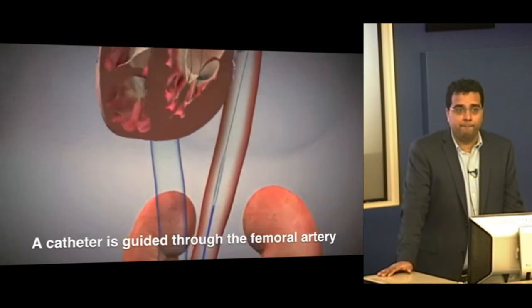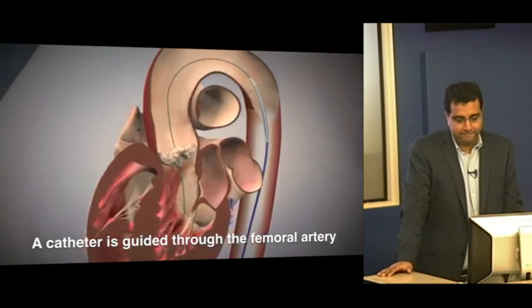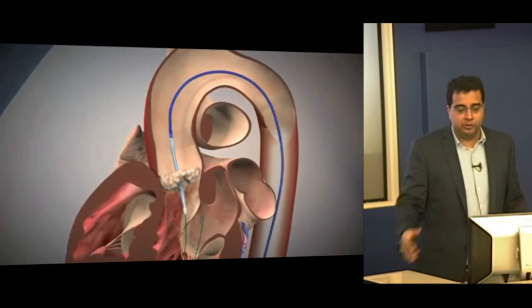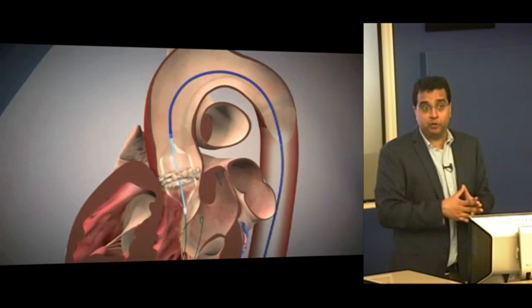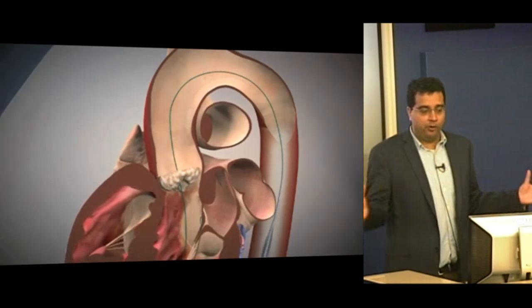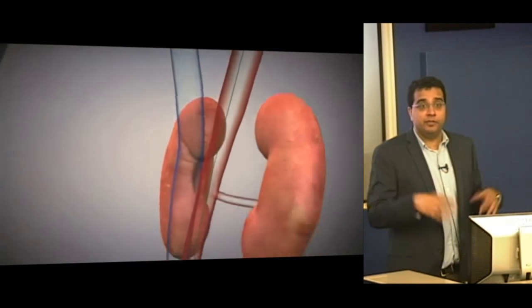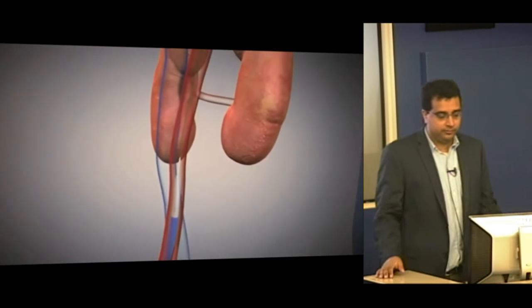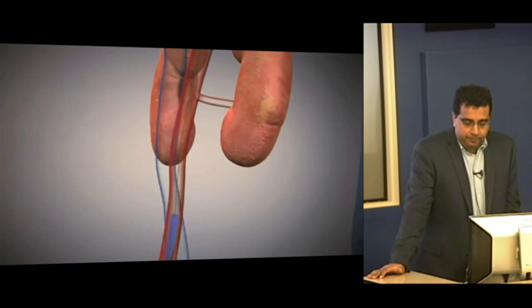And then we're taking a balloon up. And we use this balloon to crush the old valve. We will literally crush it. So that's the old valve that's been crushed open now. So that valve is no longer functional. It's like there's no valve there at all now. Then we take a bigger sheath up.